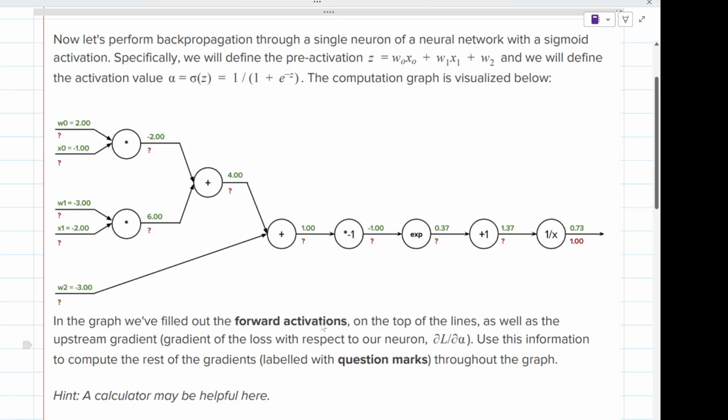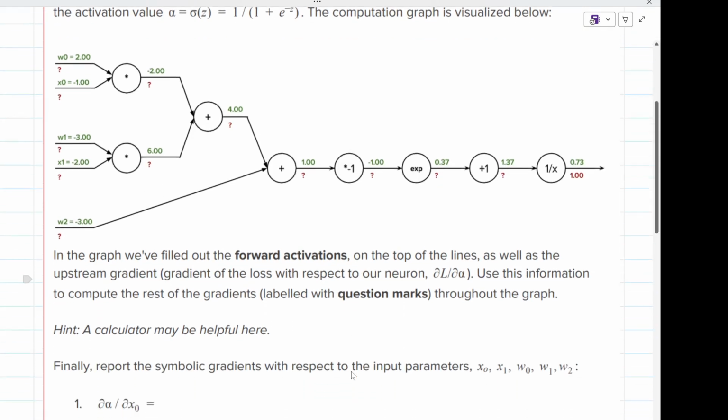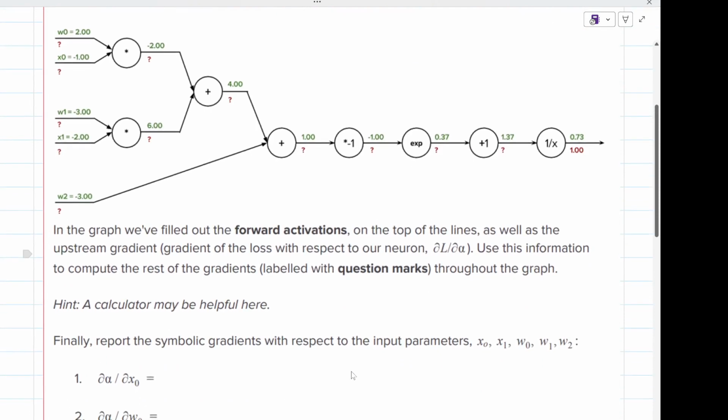We have filled out the forward activation on our line as well as the upstream gradient of the loss with respect to our neuron. Use this information to compute the rest of the gradients labeled with a question mark.